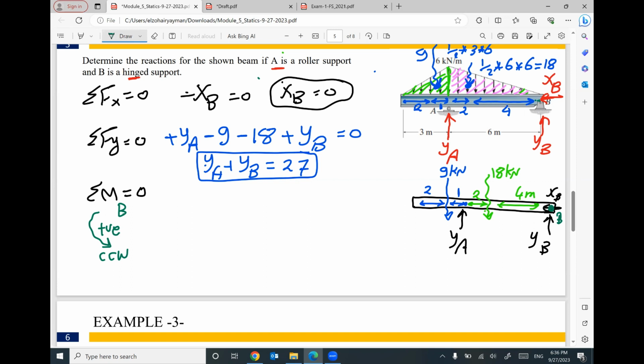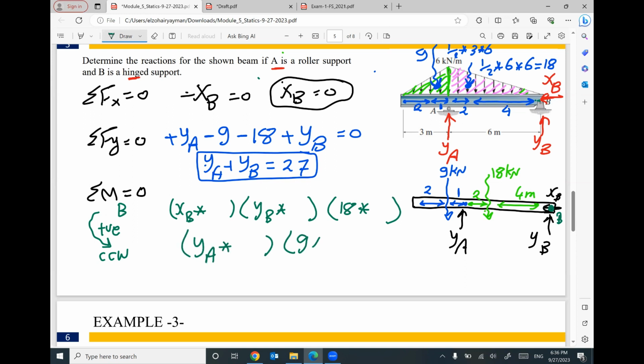Any opposite direction will be negative. Then XB times distance, YB times distance, equivalent 18 times distance, YA times distance, equivalent 9 times distance, equals 0. I have to include everything in this equation.